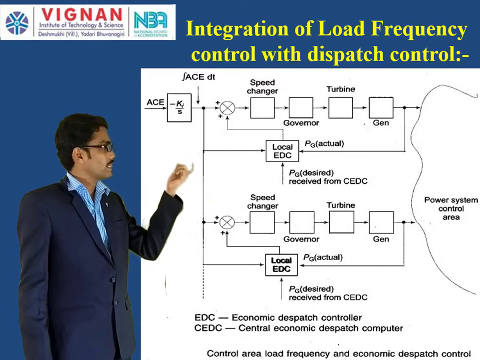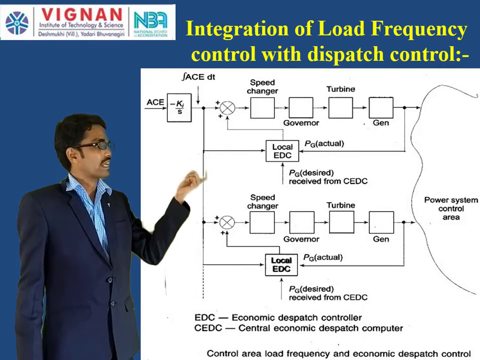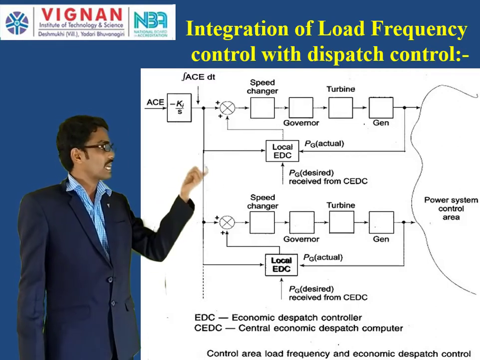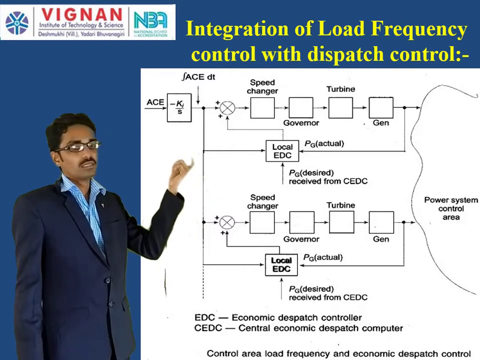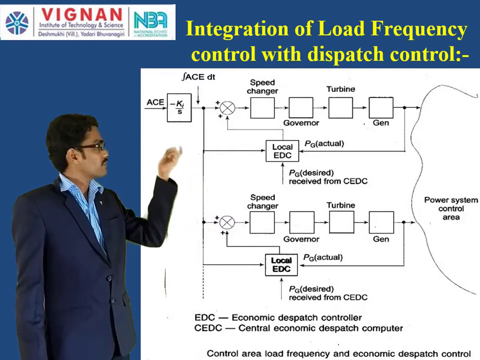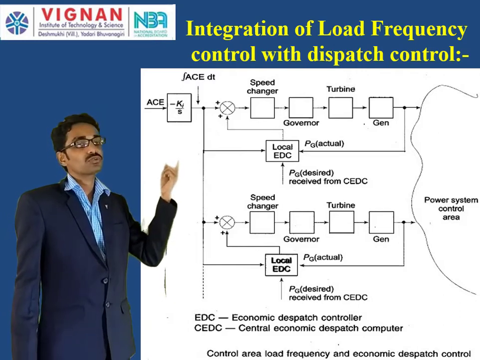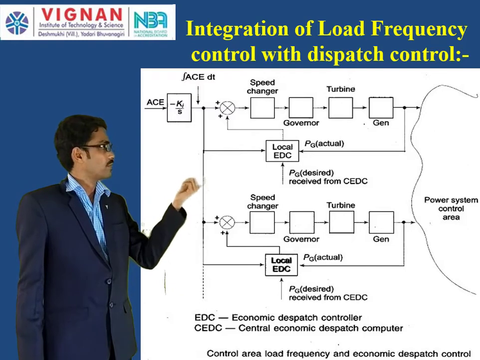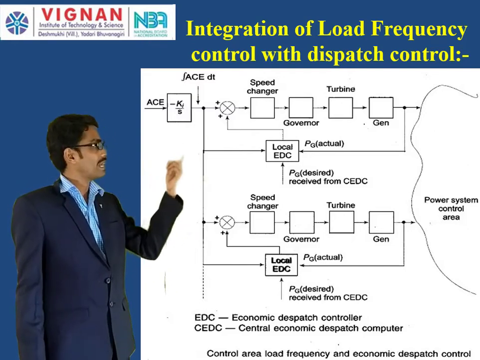That signal comes from the Central Economic Dispatch Computer, CEDC. From the CEDC you are going to get the PG reference value. That reference value is compared to the PG actual value. How much it needs to increase is set by the PG reference value. So PG actual and PG reference values are compared with each other.